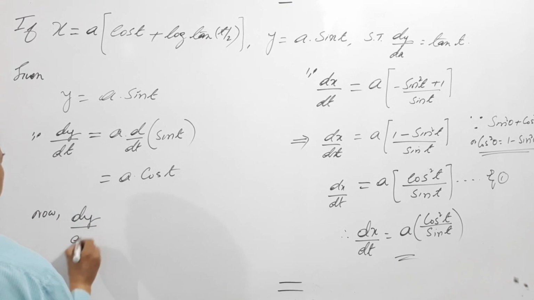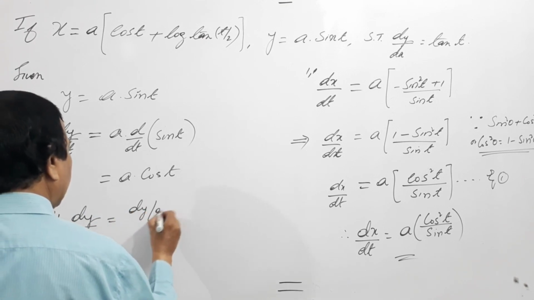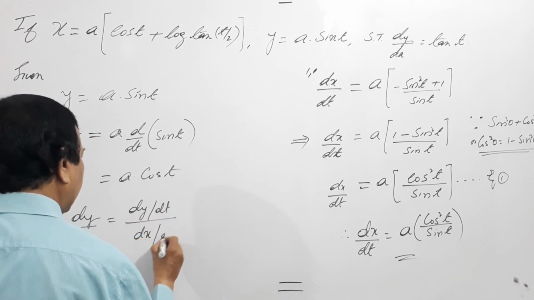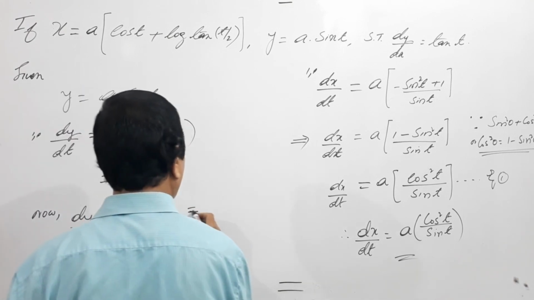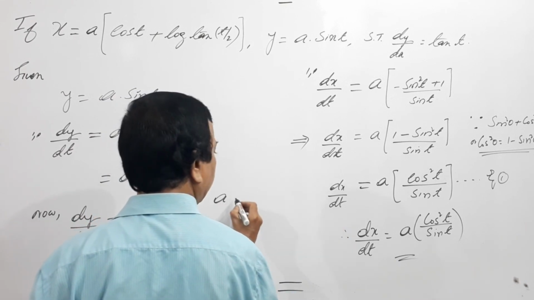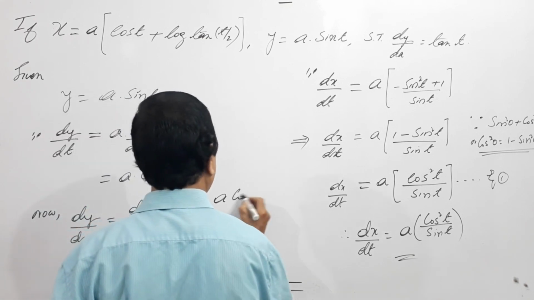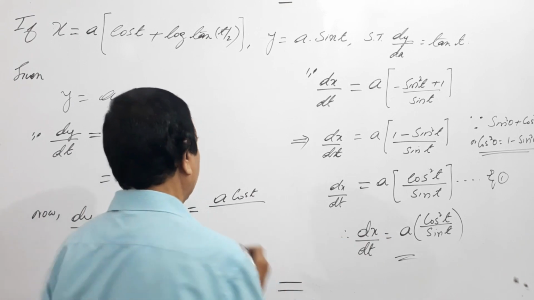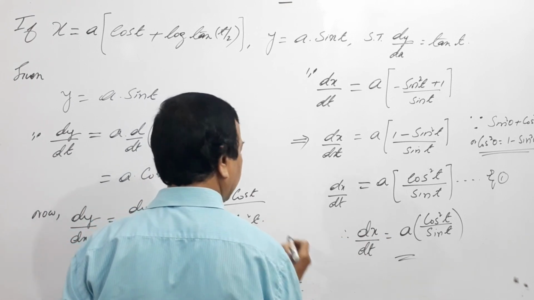Now dy by dx equals dy by dt divided by dx by dt. That is nothing but, from equation 1, a into cos t divided by a cos square t by sin t.